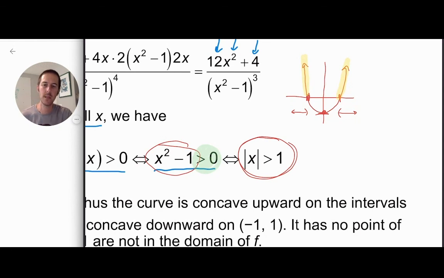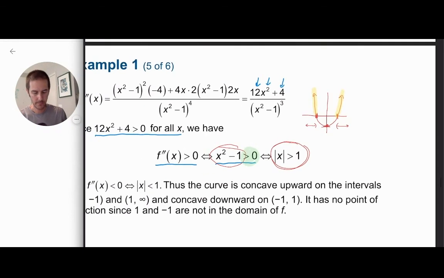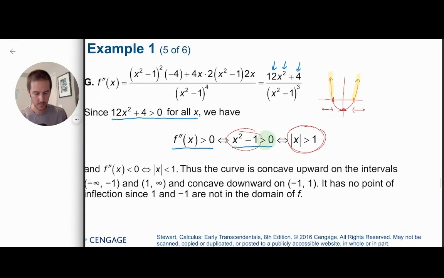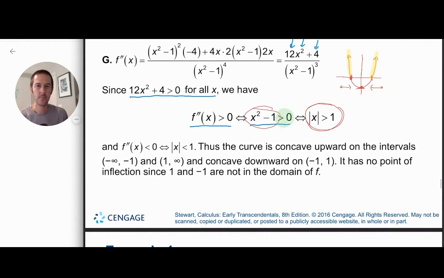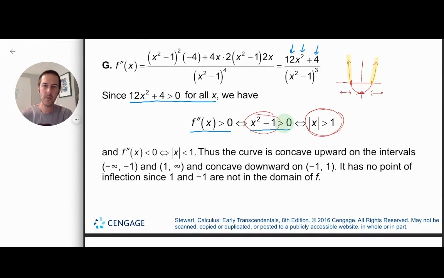That statement right there tells us when x squared minus 1 is going to be greater than 0. So my second derivative is going to be positive when my x values are not between plus or minus 1. They need to be on the outsides of positive and -1.